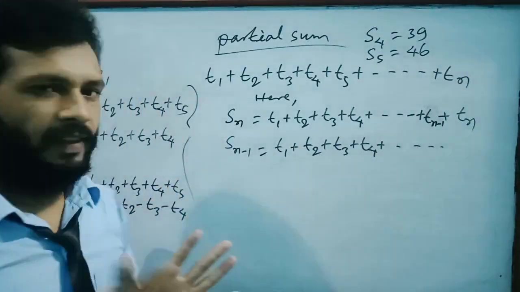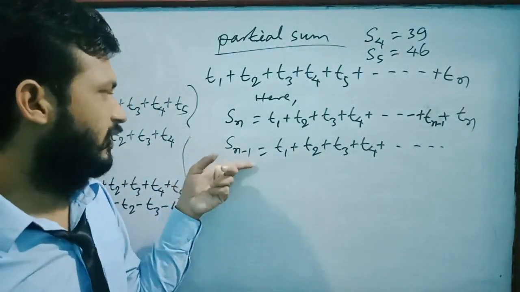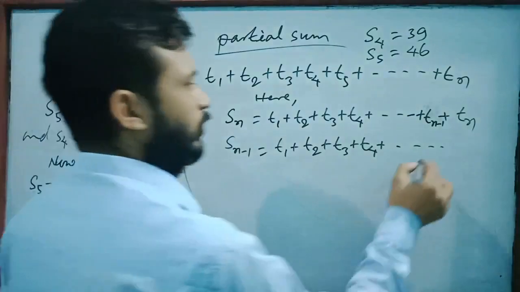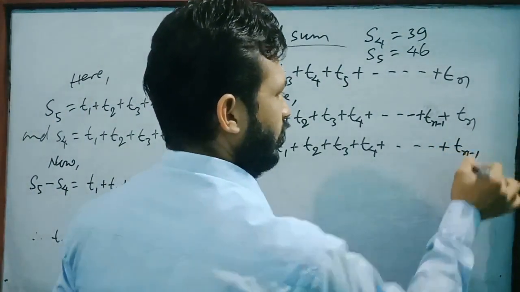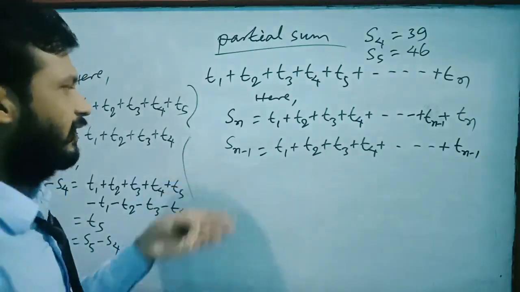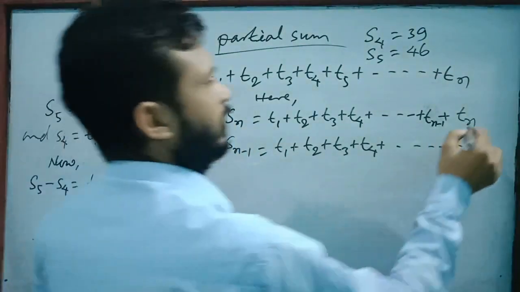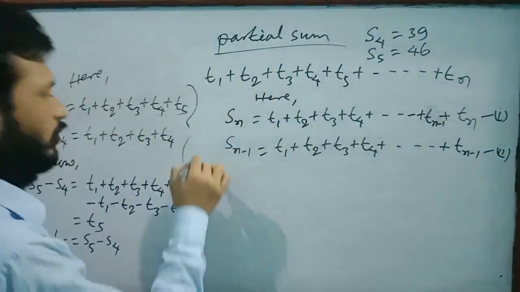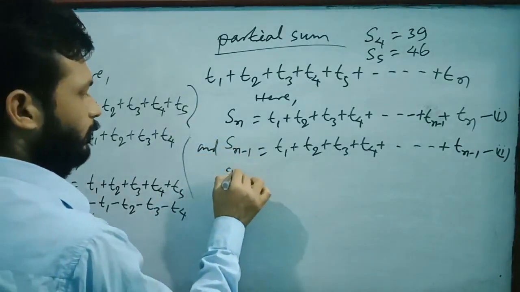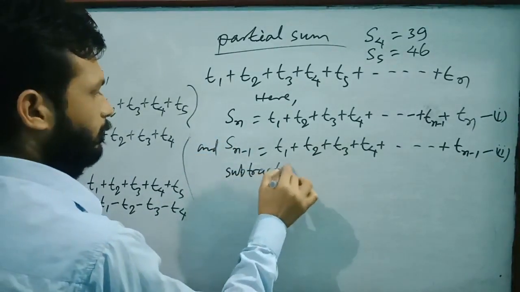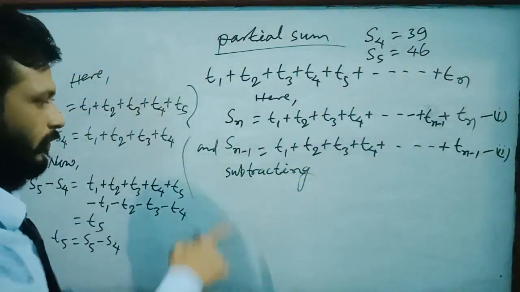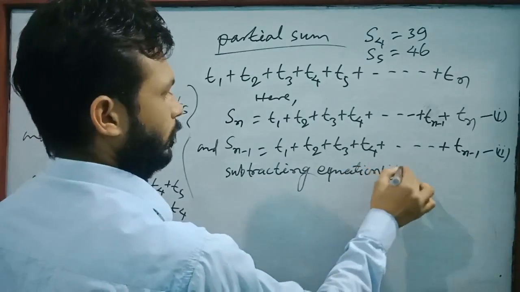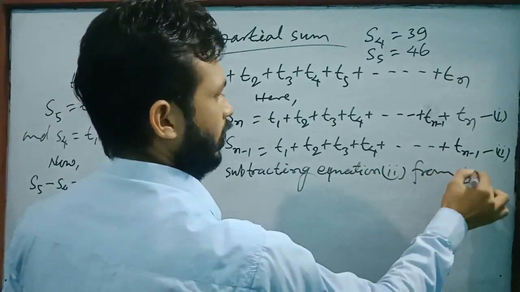So here Sn minus 1 equal to T1 plus T2 plus T3 plus T4 up to Tn minus 1 only. Okay, now subtract. Suppose equation 1, and this is equation 2. Now subtracting equation 2 from 1.